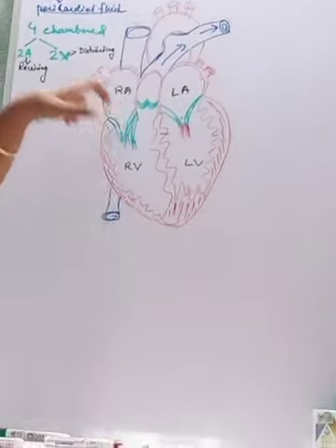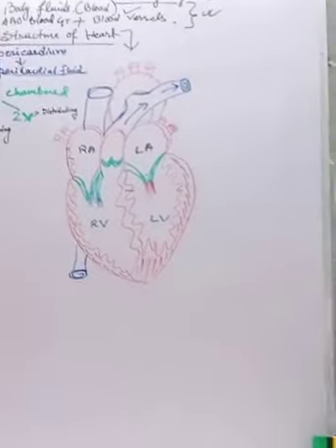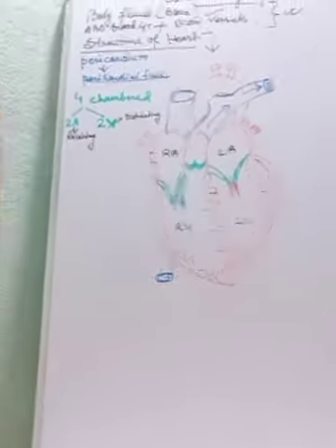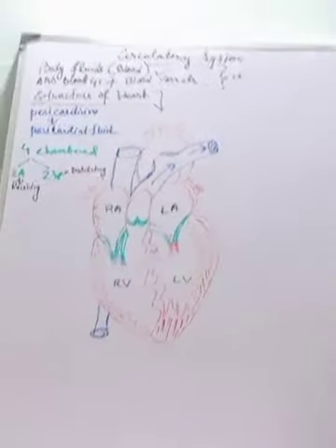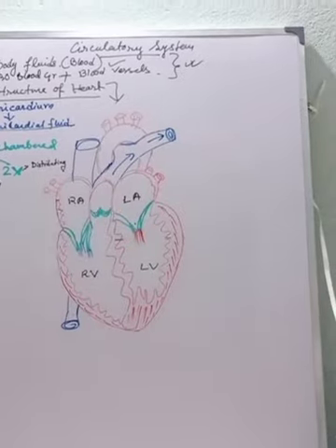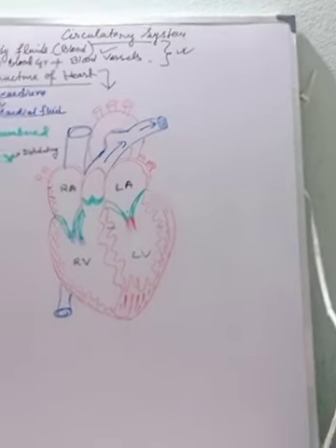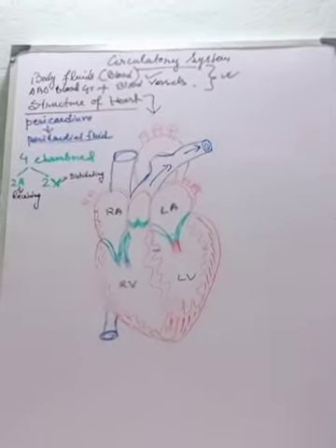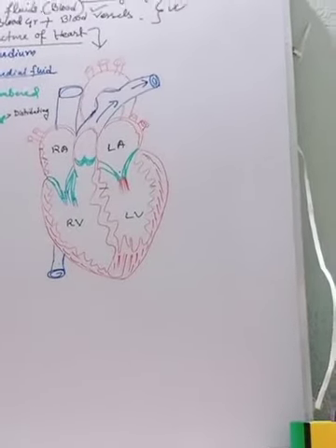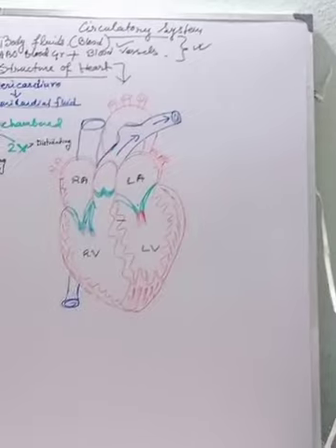The auricles are called receiving chambers because they receive blood either from all parts of the body or from the lungs. On the other hand, the ventricles distribute the blood to different blood vessels. They are mainly responsible for distributing the blood. Clear? So they are called the distributing chambers.